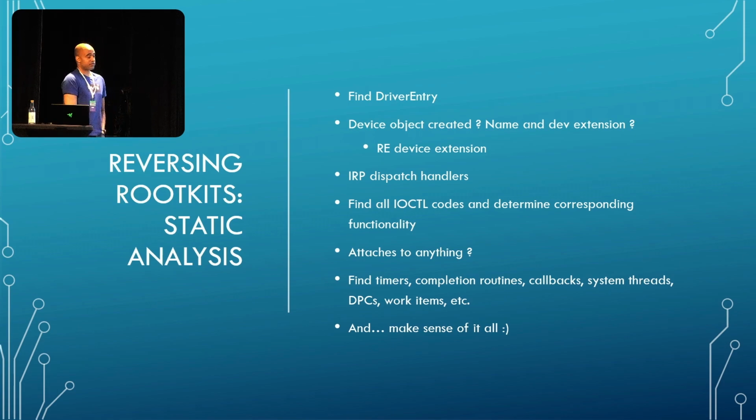My keylogger, for example, does. In my rootkit, I actually create another driver already inside the kernel, and that creates devices that attach to all the physical keyboard devices. And then you want to find all the timers, completion routines, callbacks, system threads, DPCs, work items, and just make sense of it all.